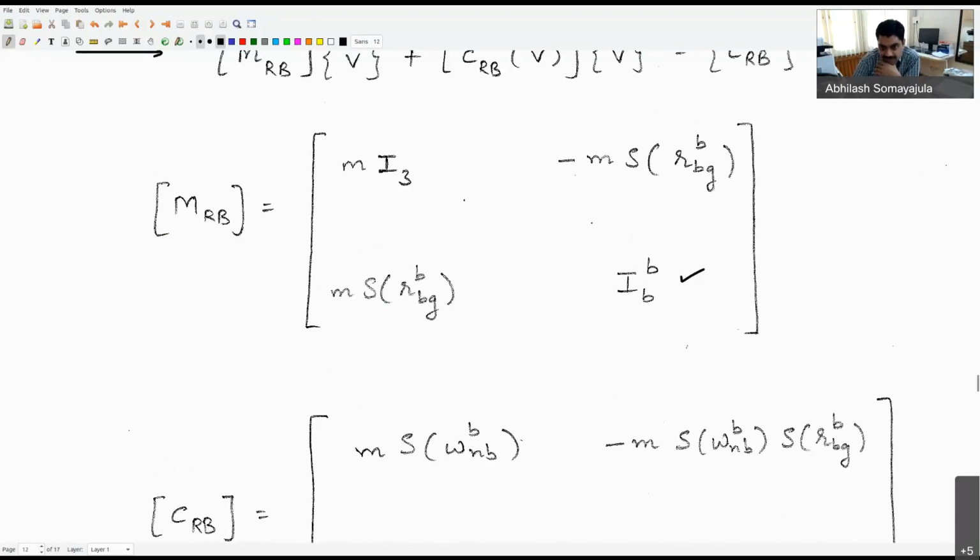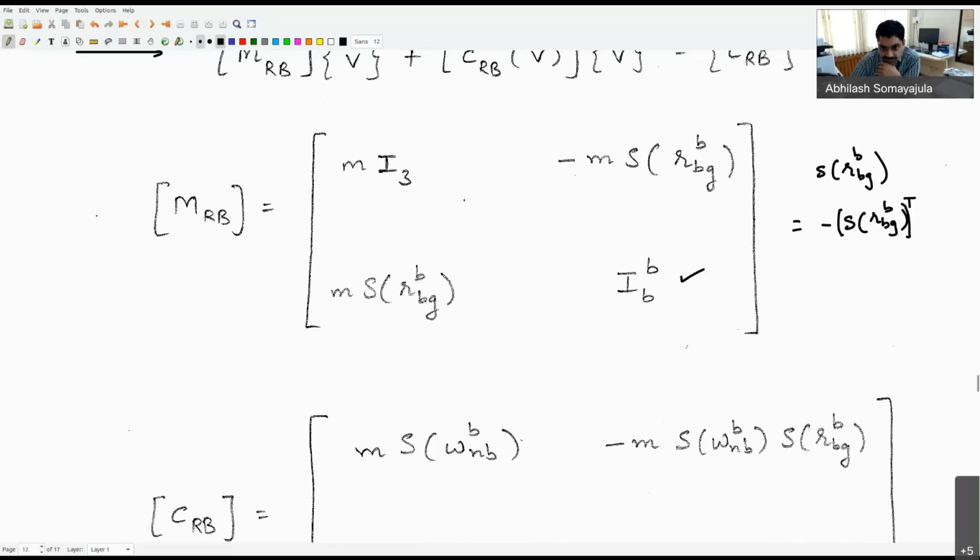Notice that this minus is not there here because of the skew symmetric matrix property, when flipped, S of RBGB will be equal to minus of S of RBGB transpose. Because of that property, you will see that this matrix is actually symmetric in nature. Is everybody with me on that?